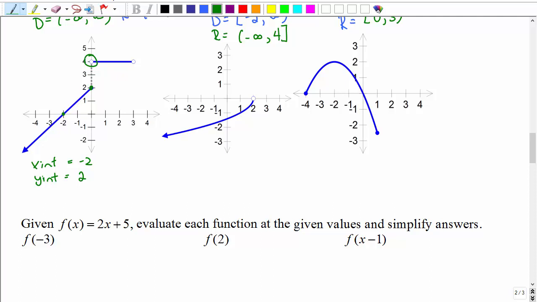These are functions. The domain, left to right. How left does it go? Well, I see that arrow, so it keeps going to -infinity. And how right does it go? It goes to 3, but it doesn't include 3 because of that open circle. Range, bottom. This arrow is not only going to the left, but it's also going down. And then this is a little bit harder because the range is from bottom to top, but it skips all this.